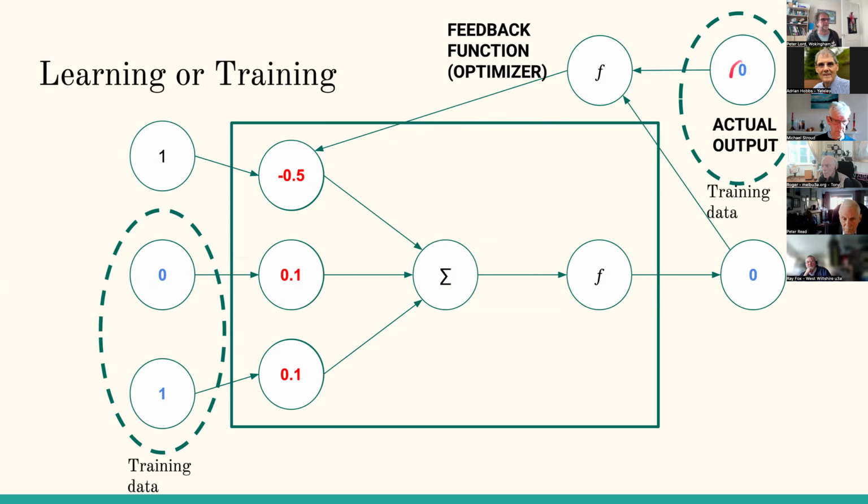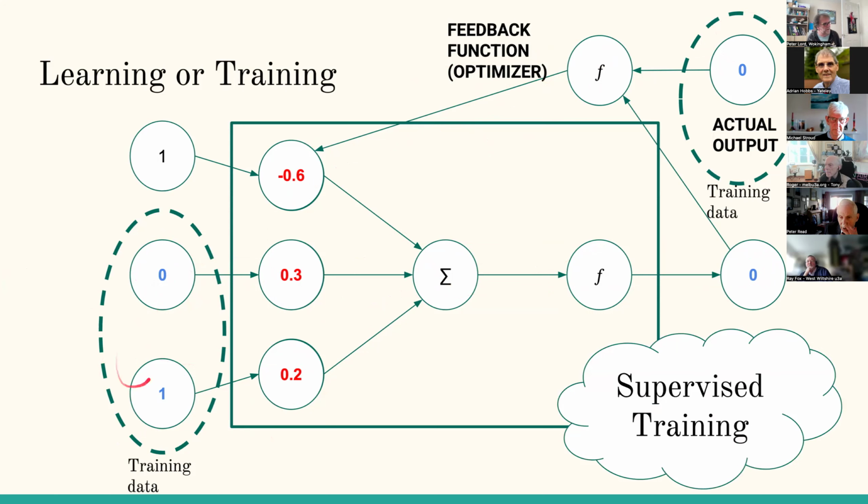We get the output, compare it, and we might tweak these weights a little bit more, get another input, and we go through this cycle of training, maybe tens, hundreds, thousands, billions of training data until these weights settle down on a value that means that we're solving this particular problem.